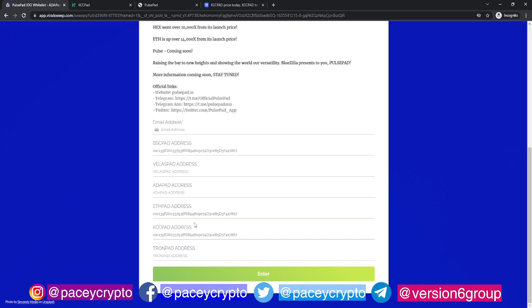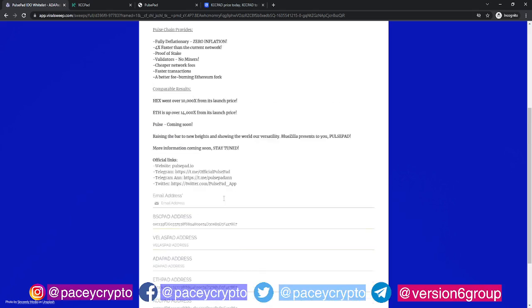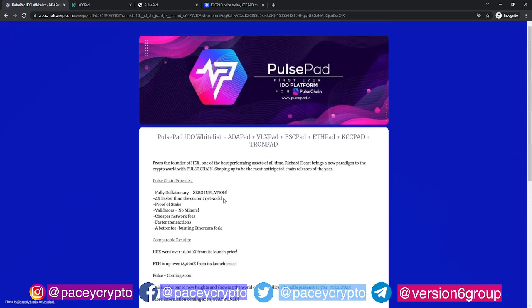So I would say you would have to stake at least one KCCPAD token, one ETHPAD token, and one BSCPAD token to be considered, right? If you're not staking anything on these platforms, then chances are you're not going to be considered for this whitelist. I think that plays a part in it. Not 100% sure, but that's just my take on that.